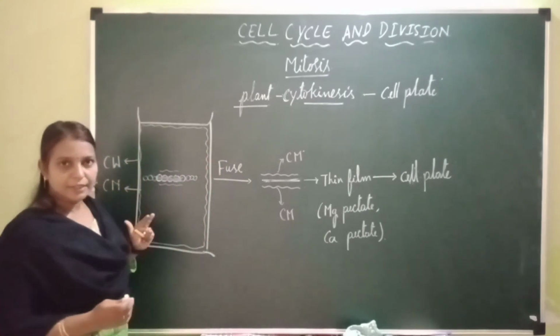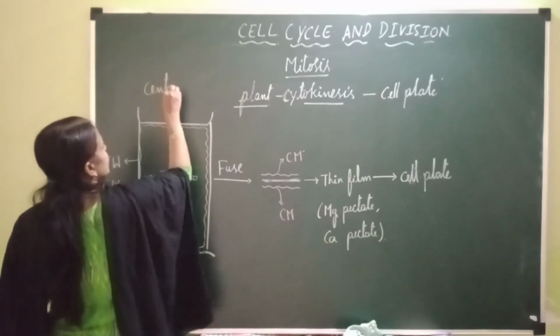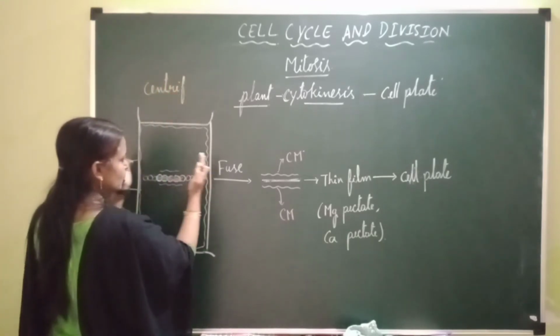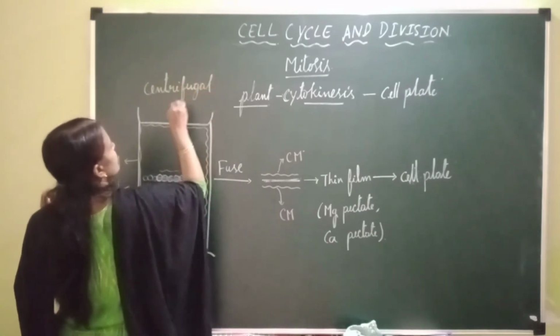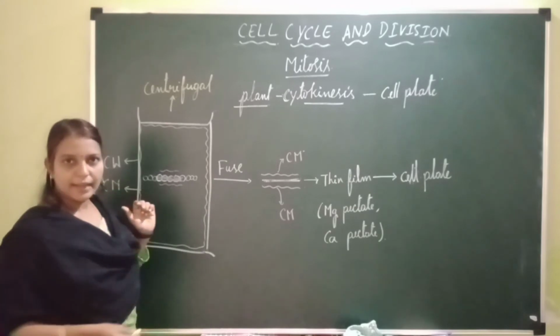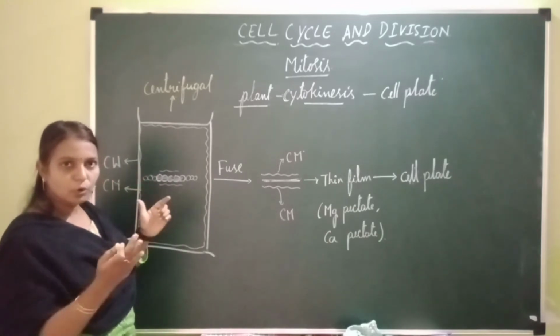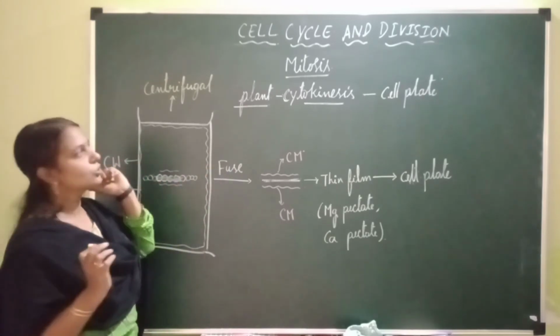So what type of cytokinesis is it called? Centrifugal type of cytokinesis. As this division takes place from the center towards the periphery, it is called centrifugal cytokinesis. But in the case of an animal cell, division takes place by the formation of a furrow which deepens from the periphery towards the center and divides the cell into two daughter cells.